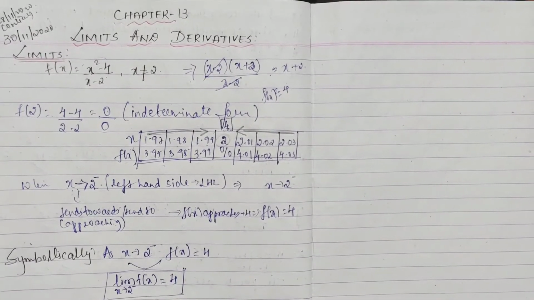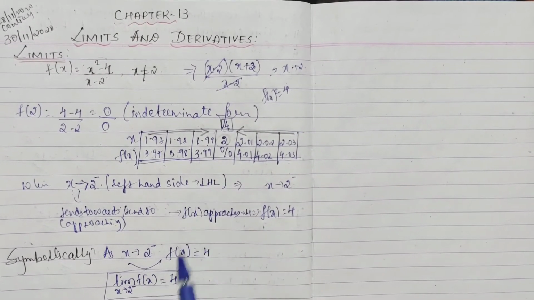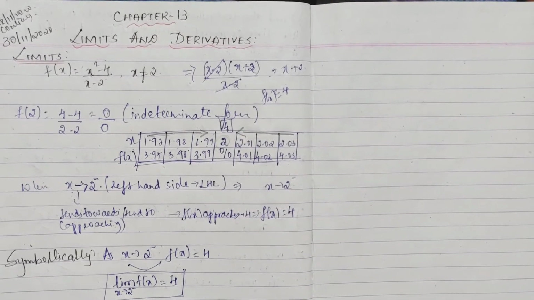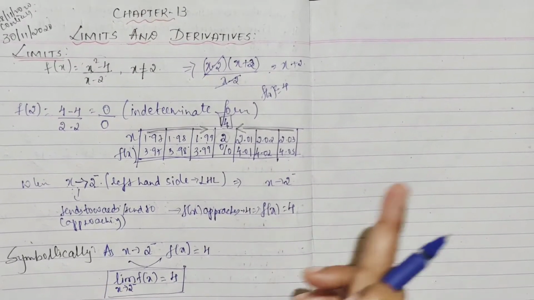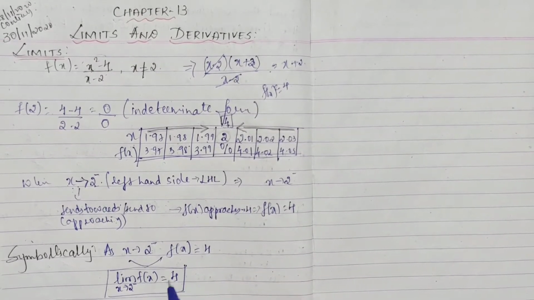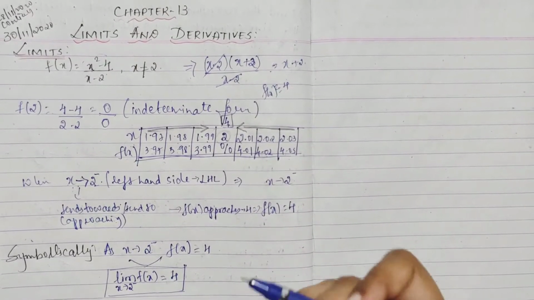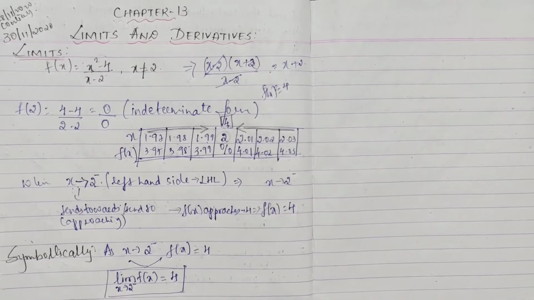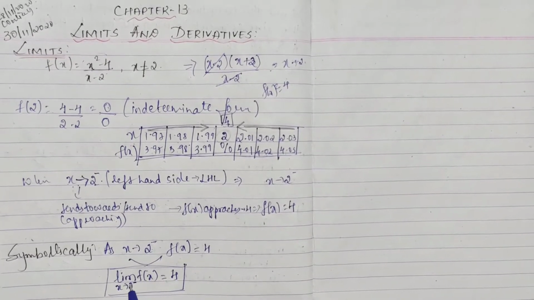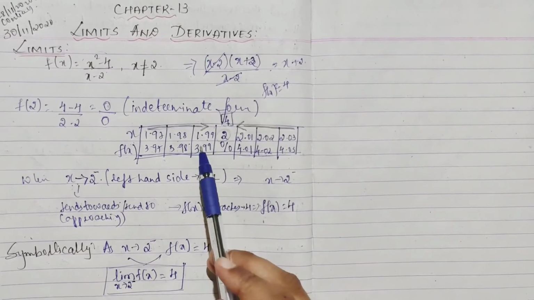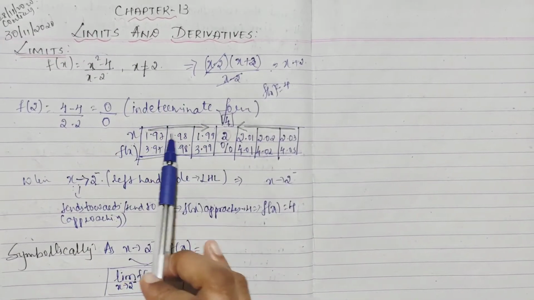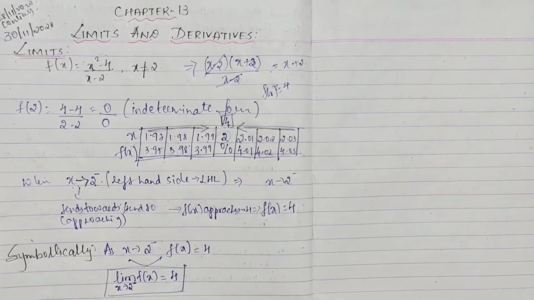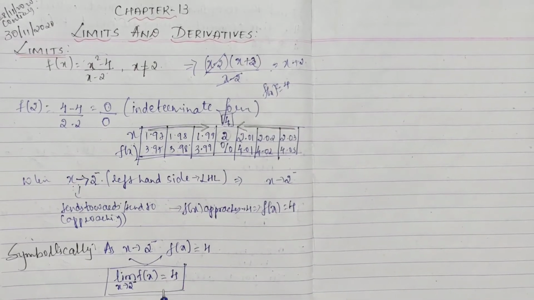What does this mean? It means your exact value at 2 is not what we are taking, but when you are approaching towards 2, you are getting 4, which means x is not exactly at 2. As you can see, we have taken so many points before that. So when approaching towards 2, you get 4.